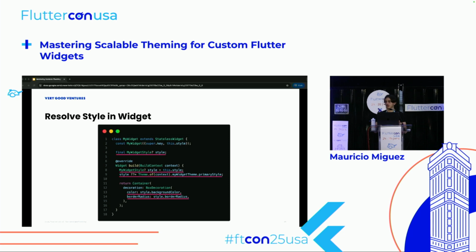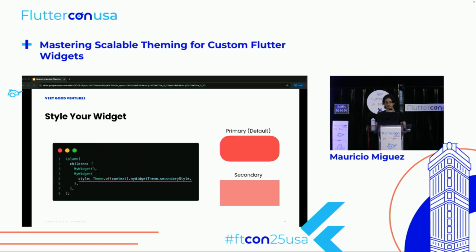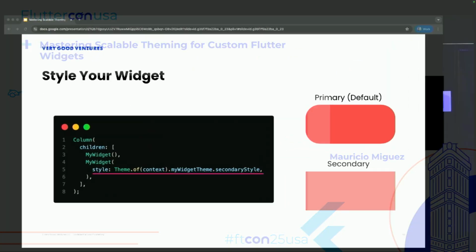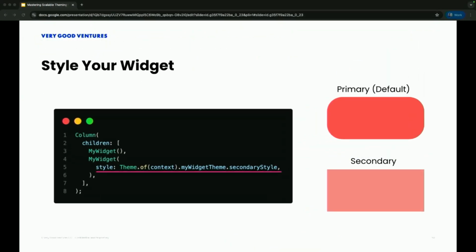And then we use the style as normal, accessing the background color and the border radius. This also allows us to inline override our widget style. If we instantiate it without any parameters, it will fall back to the primary. But if we decide to change it, we can set the style parameter, accessing the theme again, in this case the secondary style.